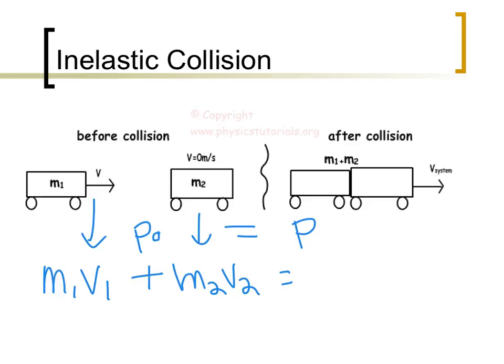Then they collide, so they actually become one system. So we can add the masses together, and we have our velocity. So this is our equation that we are going to use for inelastic collisions.